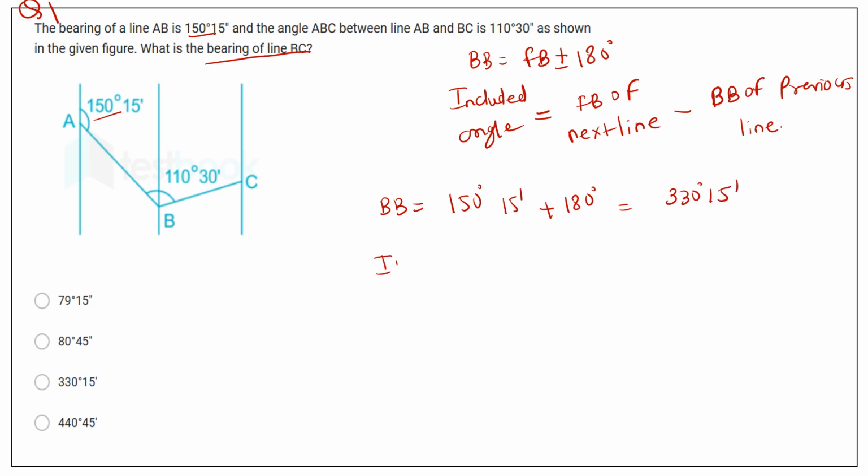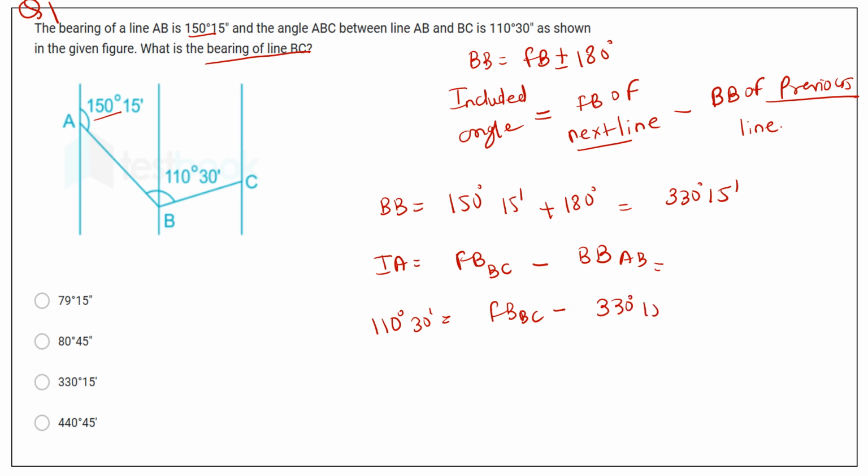So for included angle, the formula is fore bearing of BC, because fore bearing of next line is here, minus back bearing of AB, because back bearing of previous line. So fore bearing of BC is, here included angle is 110 degree 30 minutes equals fore bearing of BC minus back bearing, 330 degree 15 minutes.